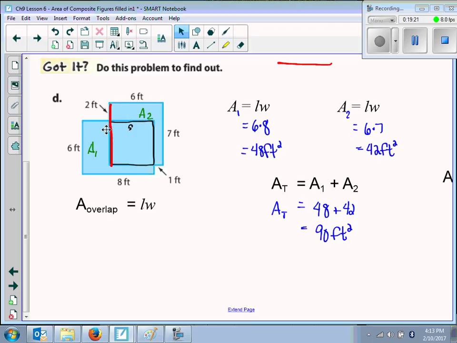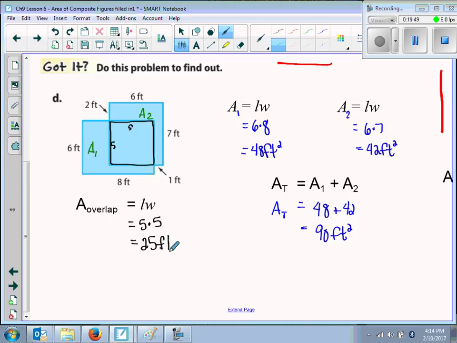And then we're going to subtract out that 2 up here. So 7 minus 2 is going to give us 5 again. So there are the dimensions for the overlap. So the overlap is the 5 times 5, which is 25 feet squared.